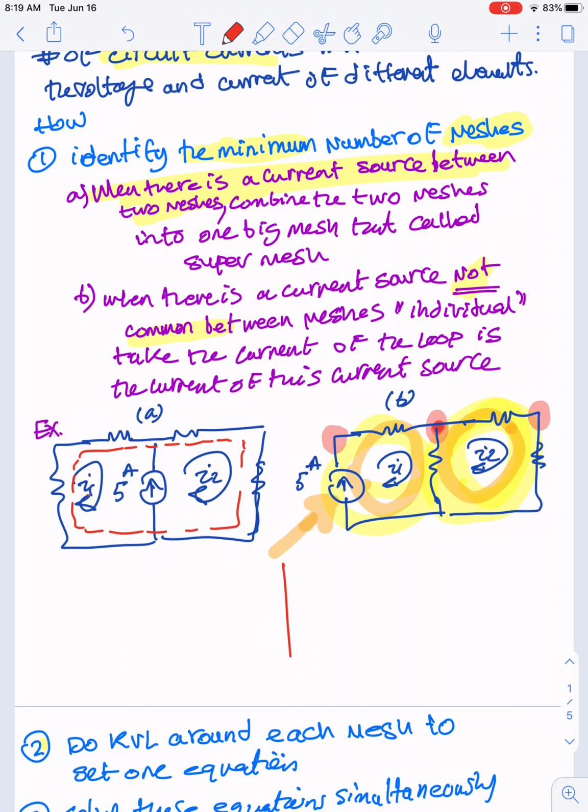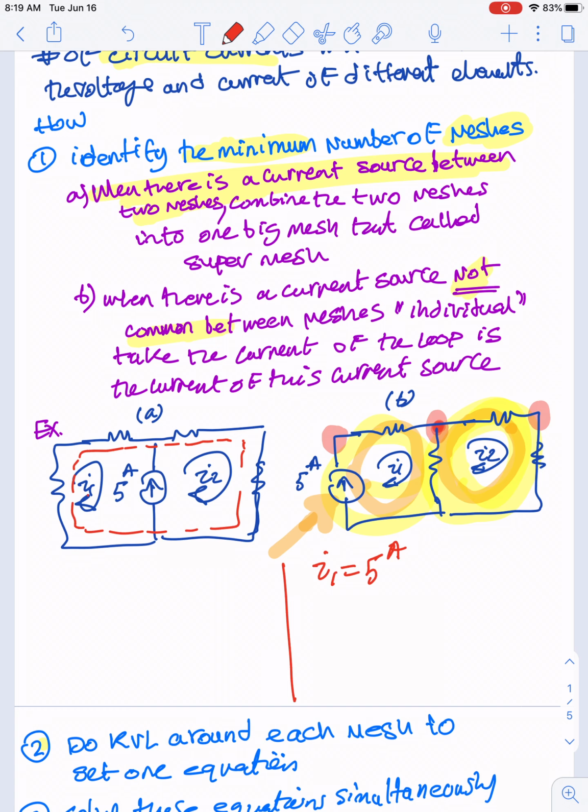As long as I1 is in the same direction, I1 is looping clockwise, so in that branch I1 is going up, and we say that I1 is equal to 5 amperes directly.